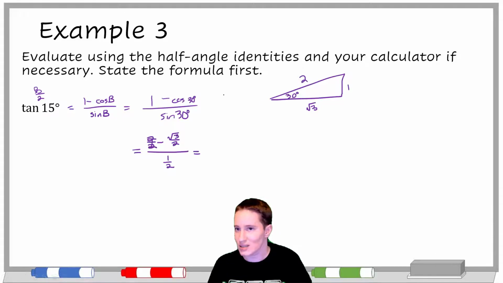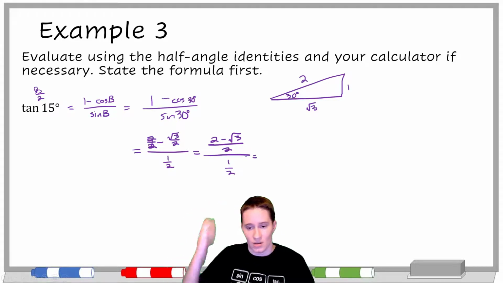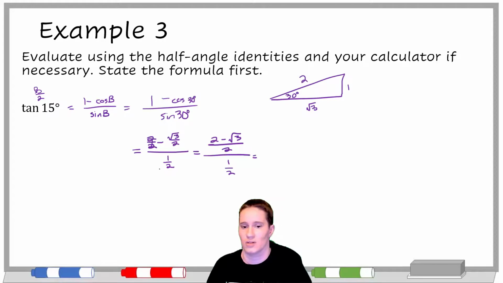If we want to get an exact value, we'd make a common denominator on top and have 2 minus the square root of 3 over 2, over 1/2. And then, oh, it's over 1/2, so we would multiply by 2 over 1, which is actually going to cancel out those 2's and give us 2 minus the square root of 3.